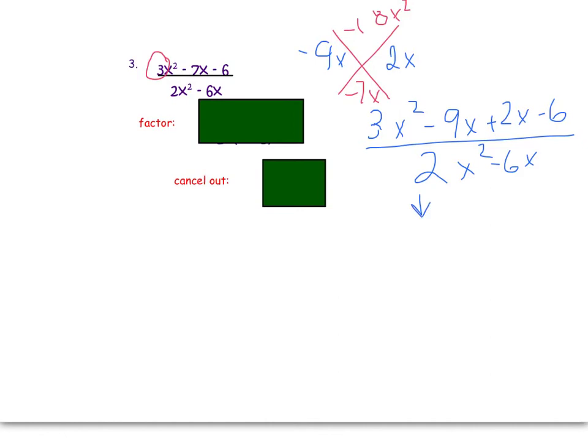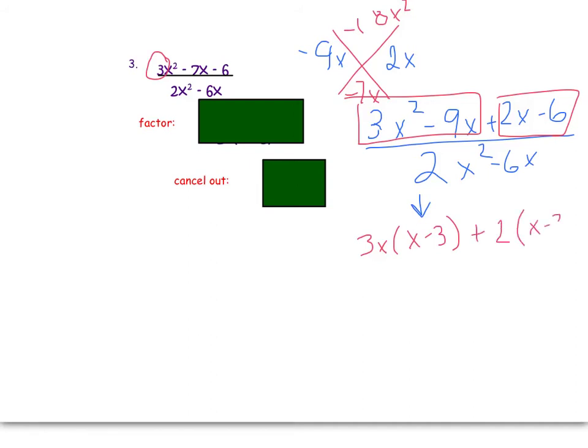Continuing to move forward with that, I'm going to take out what I can from each pair. I can take out a 3x from my first pair, leaving me with x minus 3. And I can take out a 2 from my other one, leaving me also with an x minus 3. Remembering that all of that is over 2x squared minus 6x.